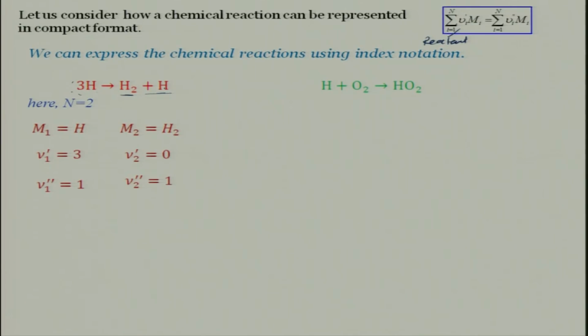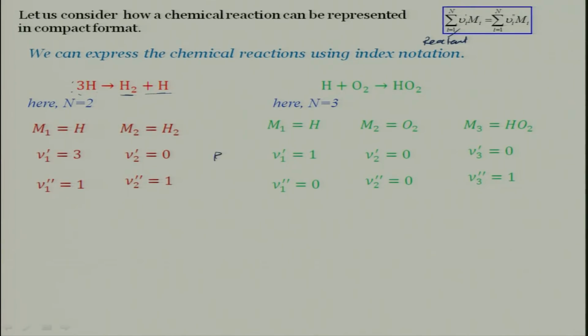Okay. Now if I write it in this compact format, what I will have to do is write M1 is equal to H, M2 is equal to O2 and M3 is HO2. Now, is whatever I wrote for nu 1 dash for H, for the reactant, right?